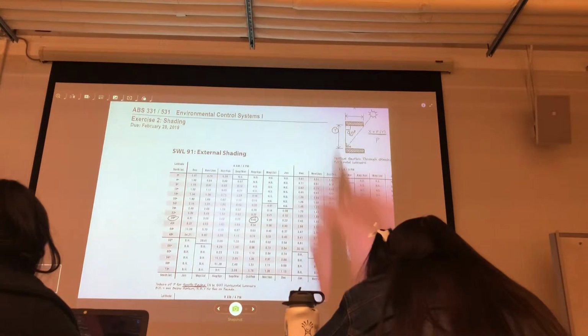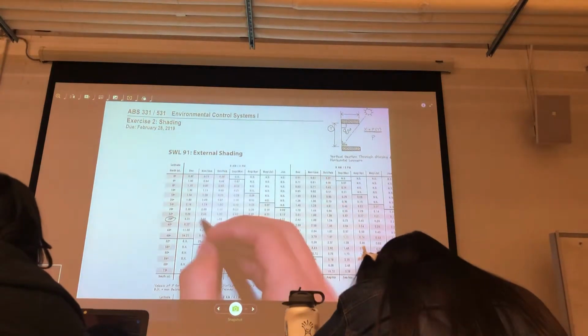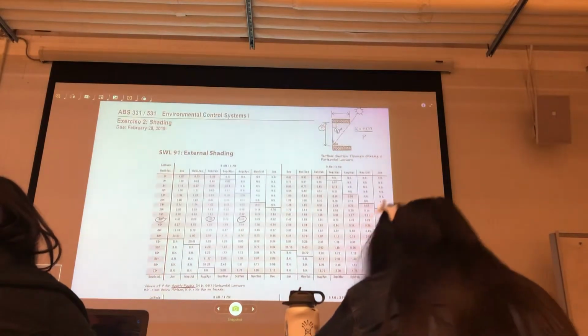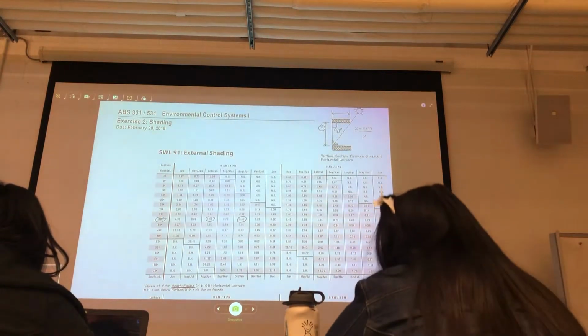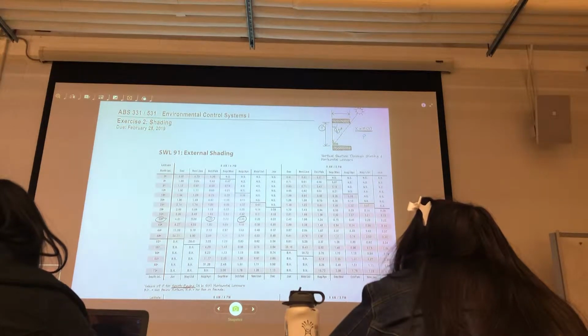So if I had that same 10-foot window and I wanted to make sure I'm shading in October instead of only 4.5 feet, I'm now all of a sudden 15 feet. That's pretty significant, isn't it?